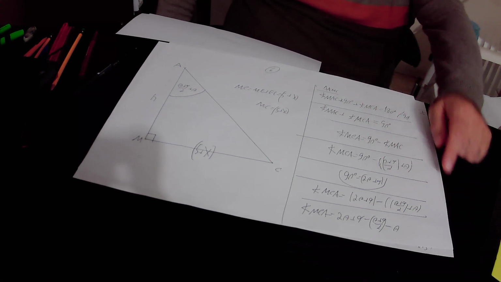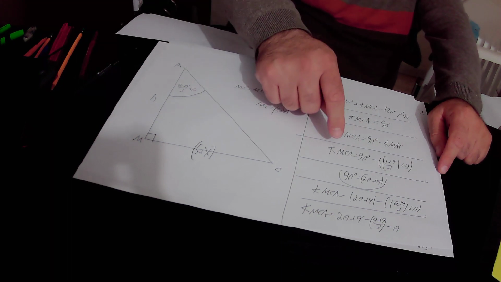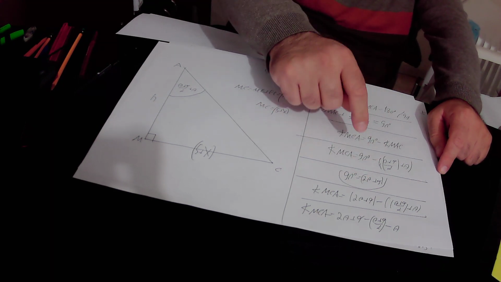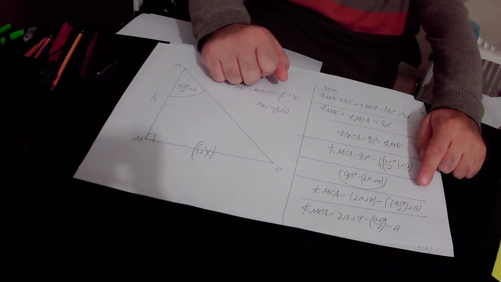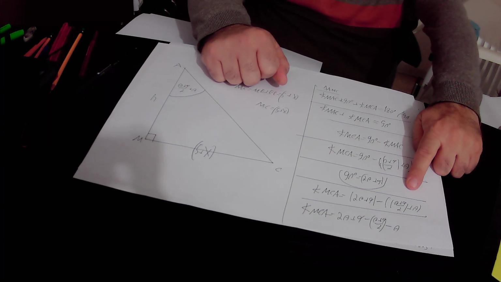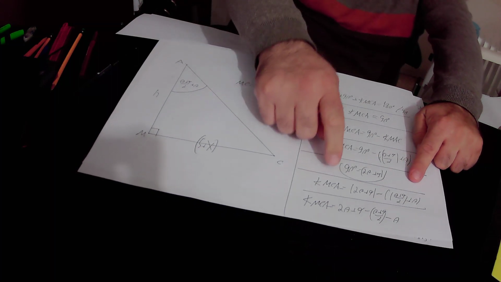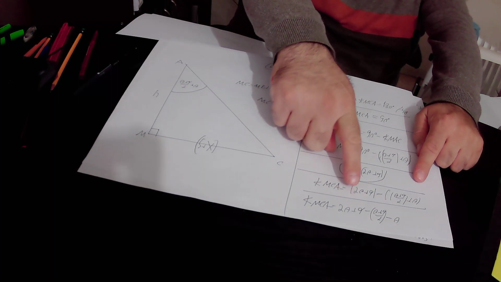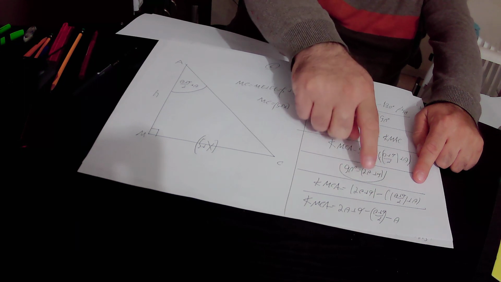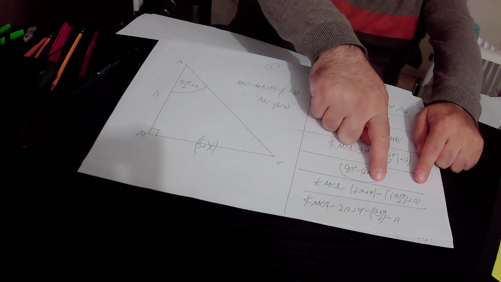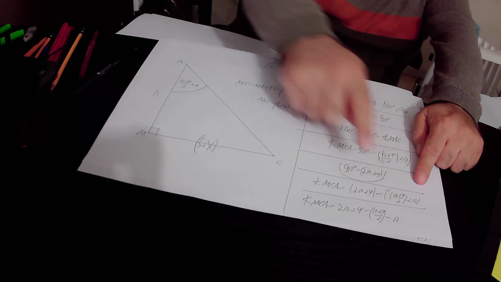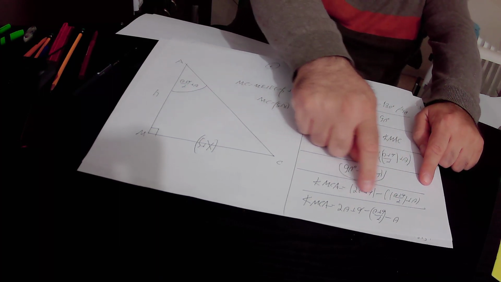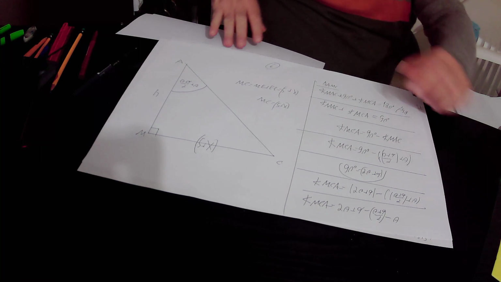We did it, and we got that angle MCA equals 2 theta plus alpha, that is 90 degrees, minus ((theta plus alpha) over 2 plus theta). We opened the brackets and found that angle ACM equals 2 theta plus alpha minus (theta plus alpha) over 2, and the plus sign before the brackets becomes minus, so minus theta. So 2 theta minus theta is theta.